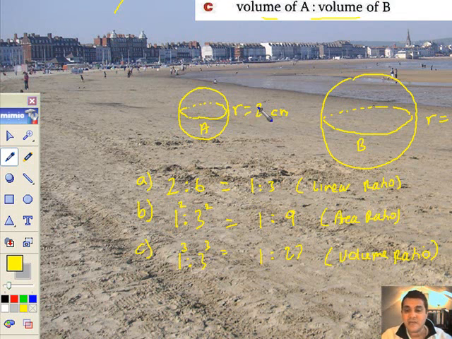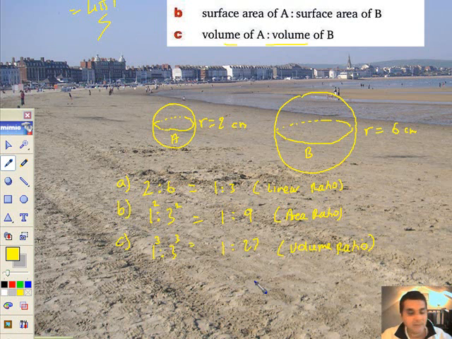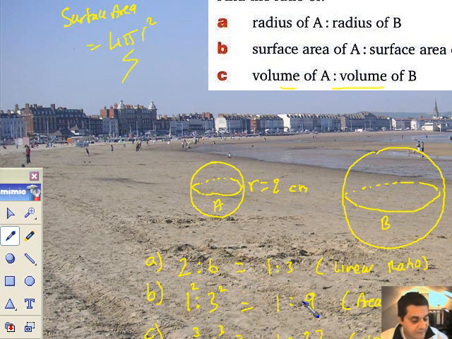All we've done is made the radius 3 times as big, the surface area became 9 times as big, and the volume became 27 times as big. So here's the 3 answers: linear ratio 1 to 3, area ratio 1 to 9, and finally volume ratio 1 to 27. I find this topic really fascinating.